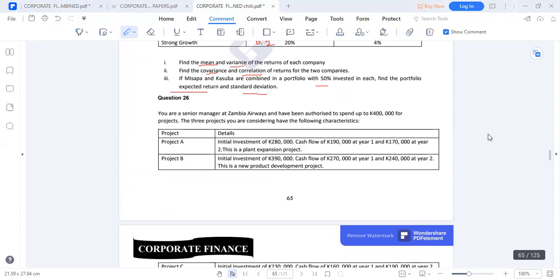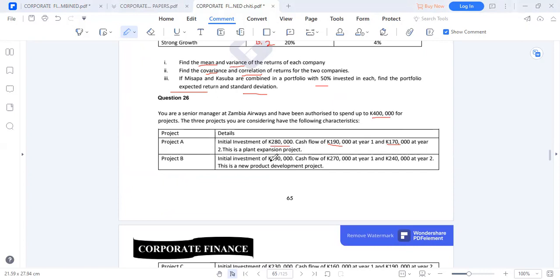So you're a senior manager at Zambia Airways, authorized to spend up to 400,000 for projects. The 3 projects you're considering have the following characteristics. Project A has an initial investment of 280, cash flows year 1 is 190, year 2, 170. And the project is an expansion project.